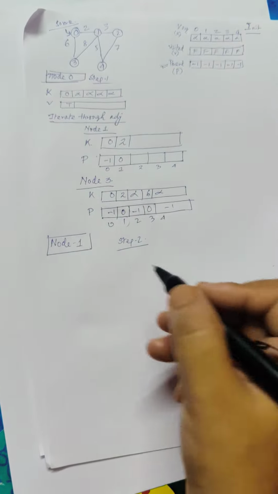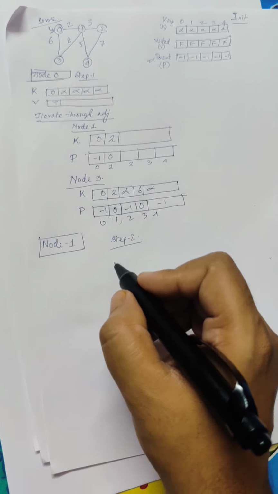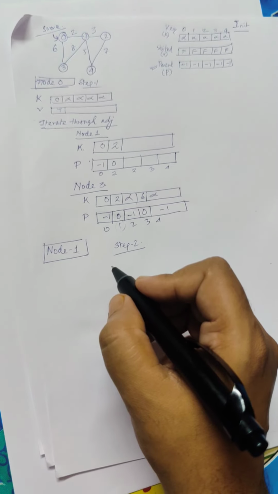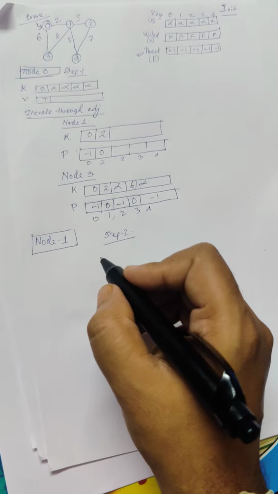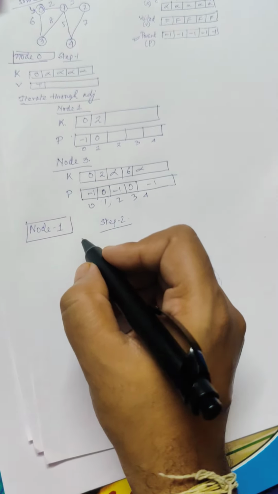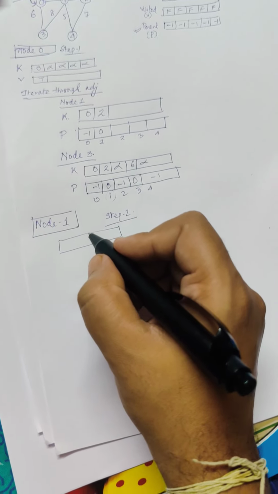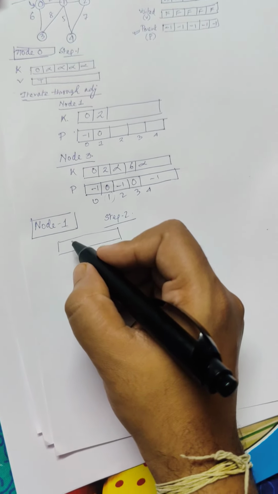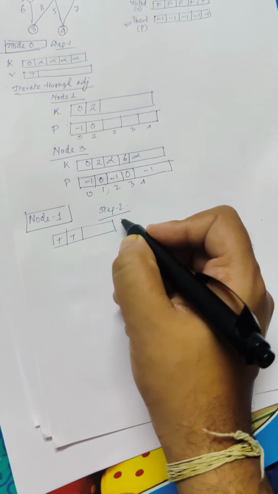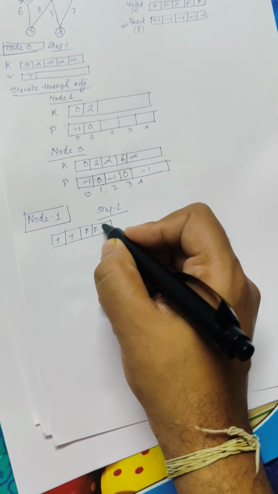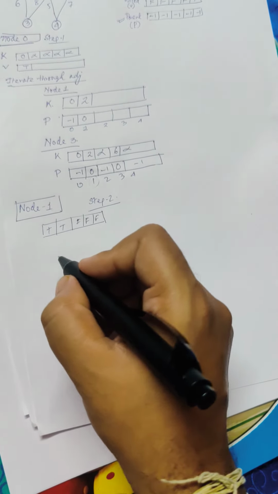Now we will do the same thing. We will iterate through the adjacents. What are the adjacents of node number 1? Node number 1 has actually 4 adjacents. But before that we need to make a change: this node is a primary node, so we need to mark it visited. Let's make it true, true, and the rest is going to be false. Now we iterate through the adjacents.